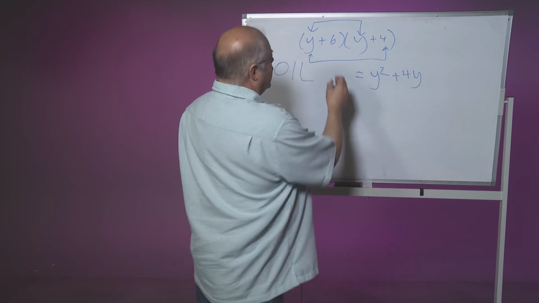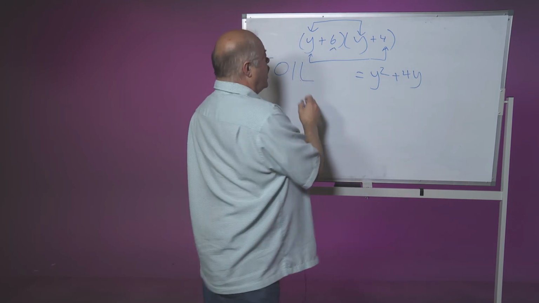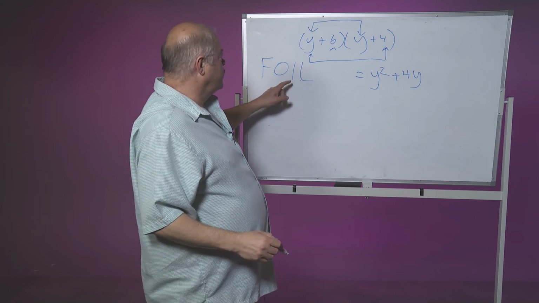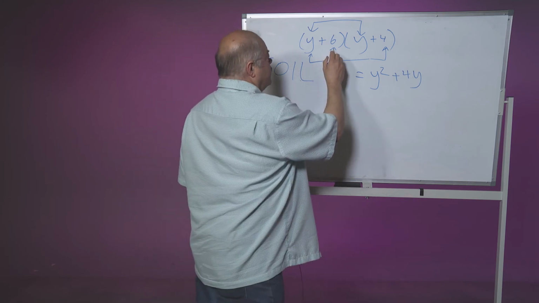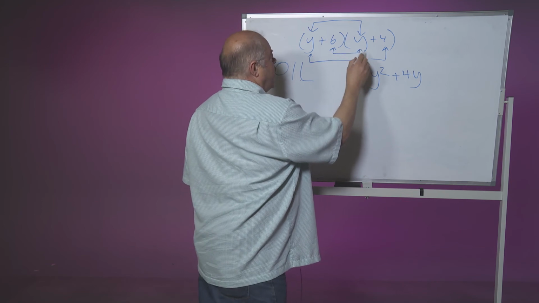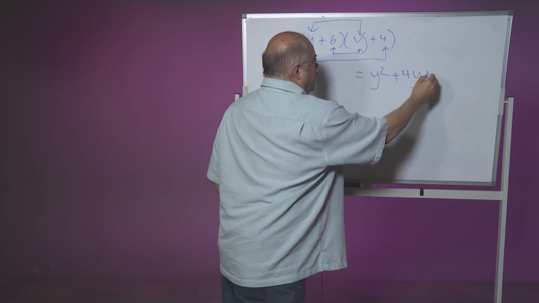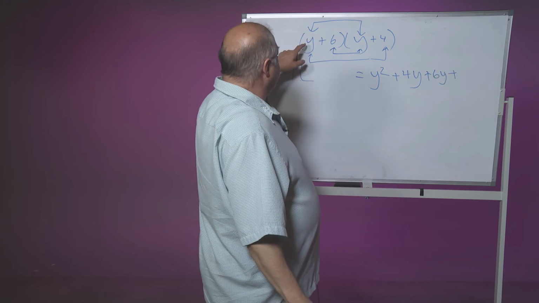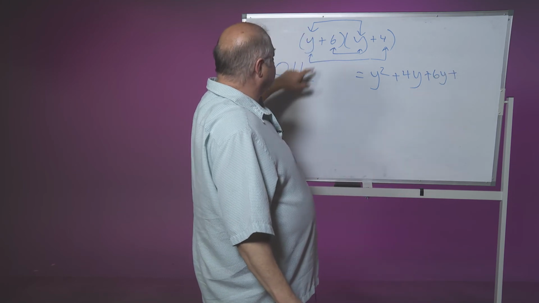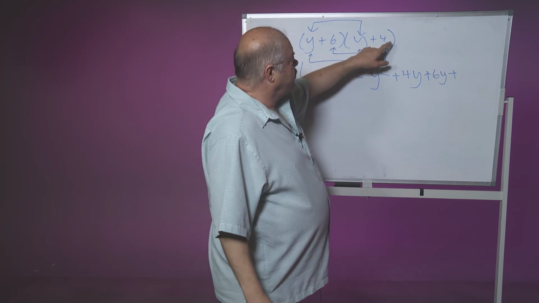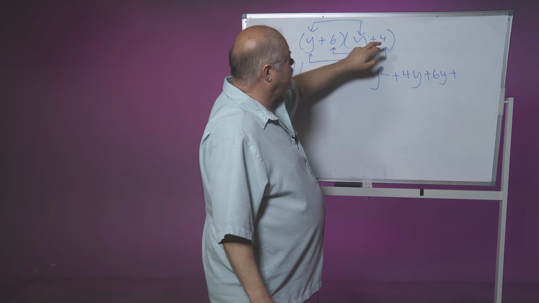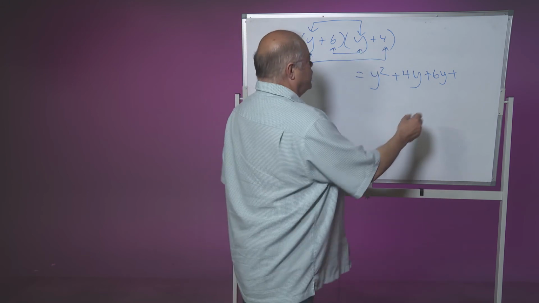And then the inside terms, which is the I in FOIL: first terms, outside terms, inside terms. That would be 6 times y, which would be 6y. And then lastly, the last terms, 6 times 4. Notice that's positive 6 times positive 4, which is 24.